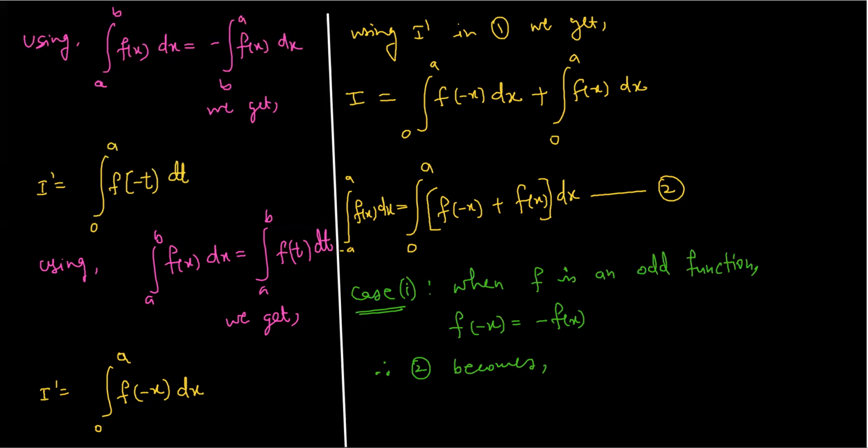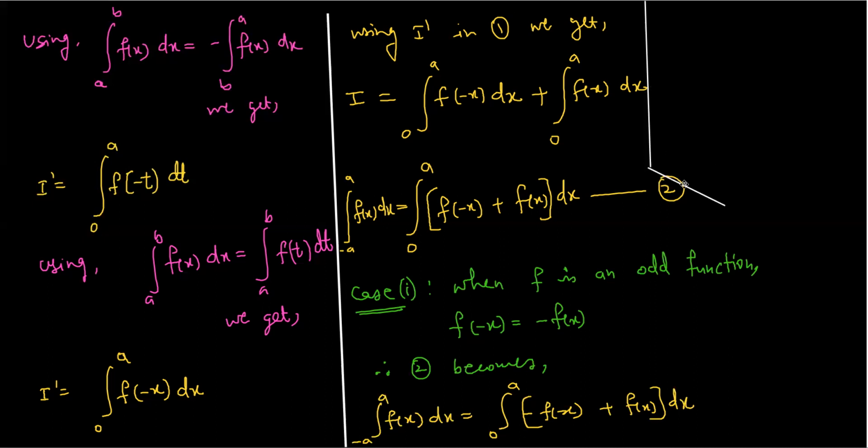2 will become, see, you will get here minus a to a f of x dx equals to 0 to a. What is f of minus x? Minus f of x. 0 to a minus f of x plus f of x dx.